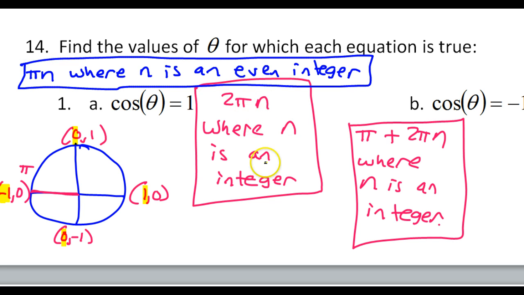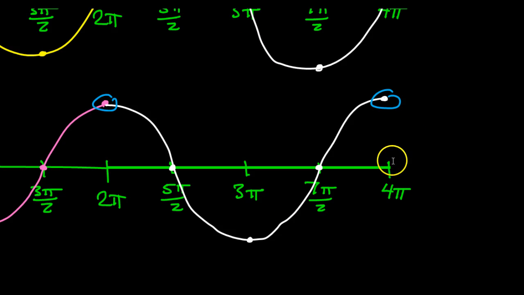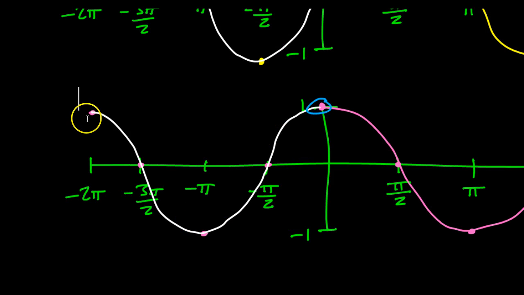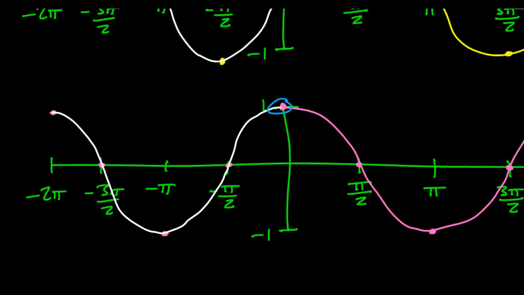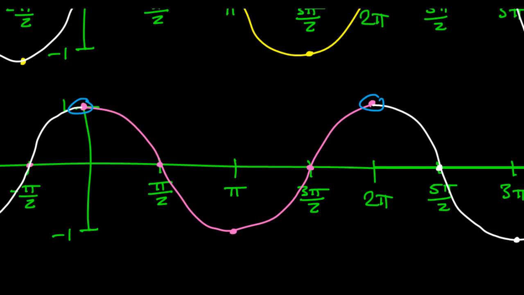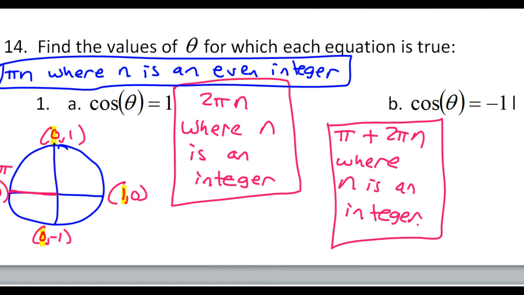These two things are equivalent, but looking at the graph, it's easier to see it as 0 pi, 2 pi, 4 pi, and I could continue. And if I went to the left, -2 pi, -4 pi, -6 pi, it's all even multiples of pi, even integers. Okay, so I think I was supposed to encourage you to look at the graphs of these things.